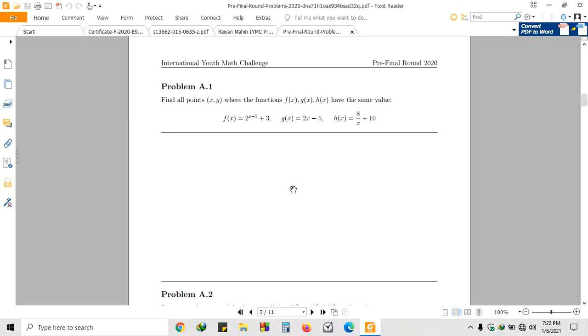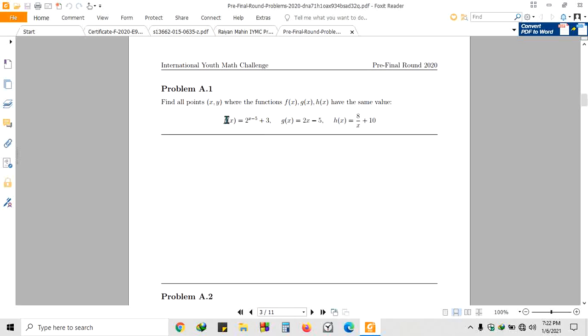The first problem, A.1, was: find all points xy, a coordinate xy, where the functions f of x, g of x and h of x have the same value. That means these three functions will have the same intersection point, where they give us the same value.